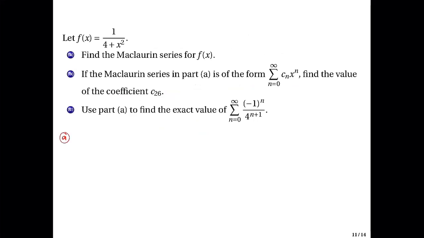So for letter A, remember, this is what we know. The series of x to the n is just 1 over 1 minus x, provided the absolute value of x is less than 1.